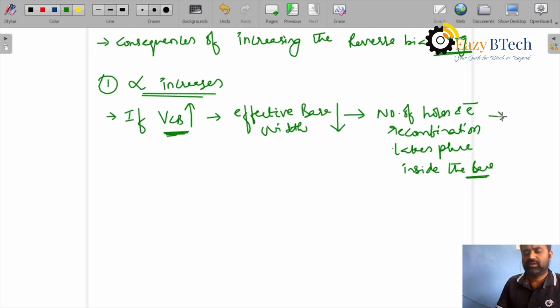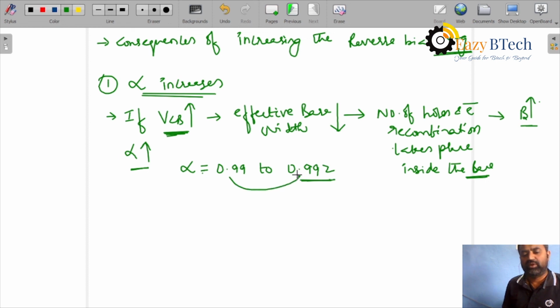Then automatically beta increases, and definitely alpha increases. For example, if alpha increases from 0.992 to 0.992 something higher, beta will increase from 99 to 124.